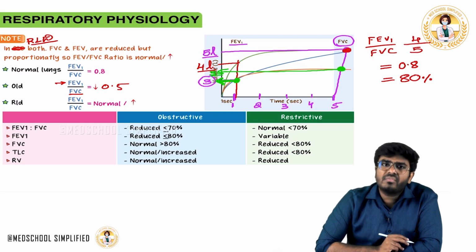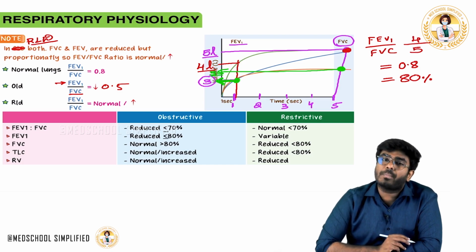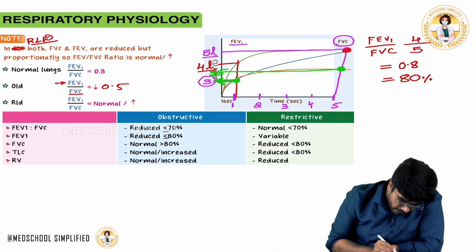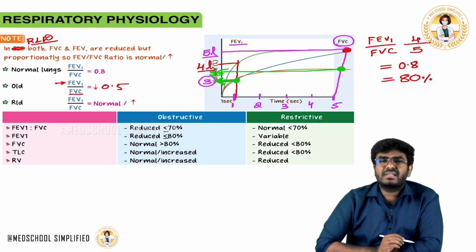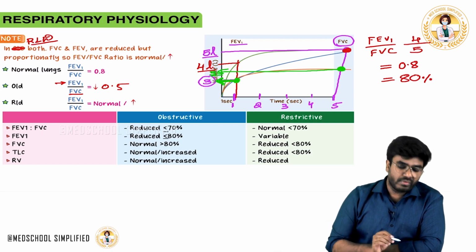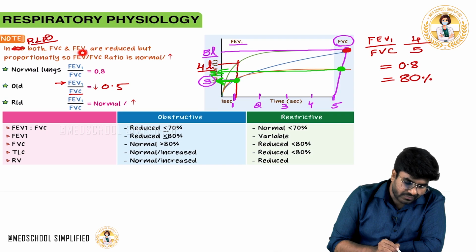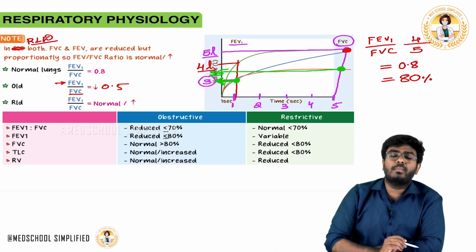As both of them are decreasing in the same proportion, what happened to the FEV1 by FVC ratio? It is normal. Sometimes it will be increased, but most of the time it is normal. Because in restrictive lung diseases, FVC and FEV1 are both reduced, but proportionately.